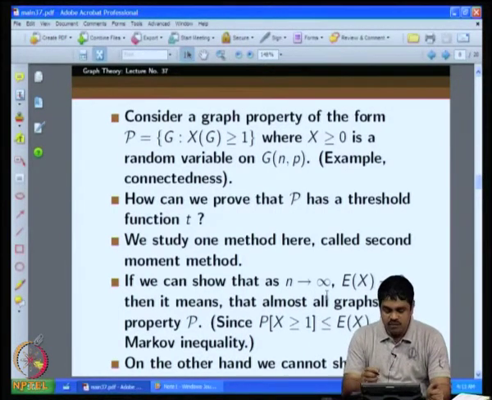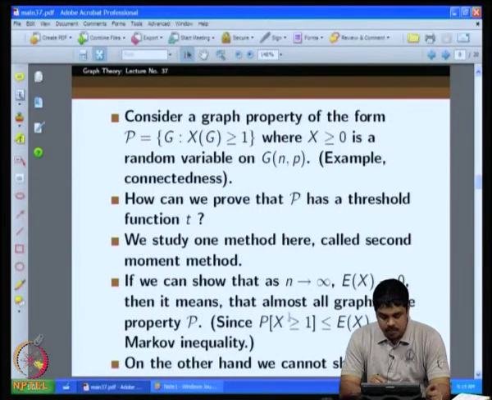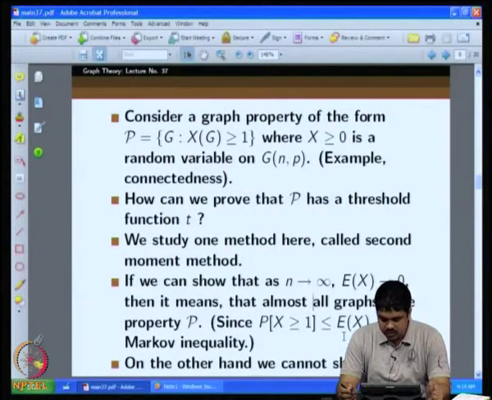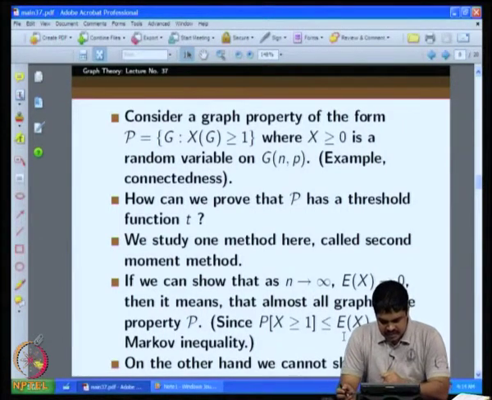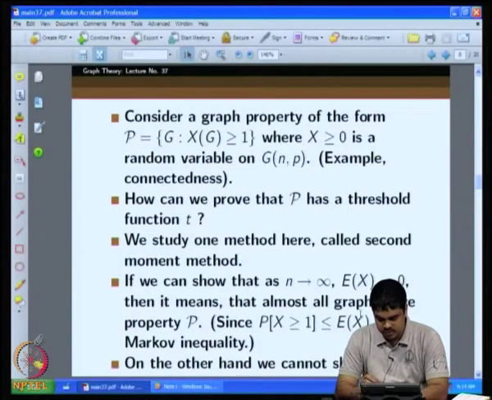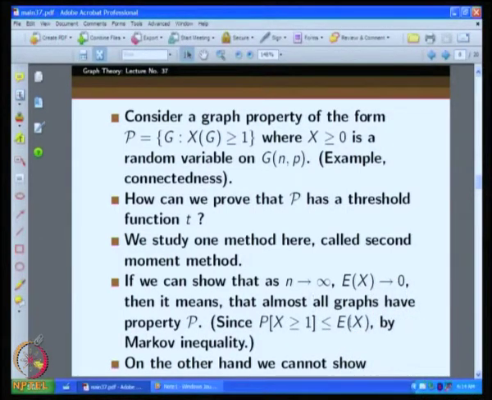That is because of the Markov inequality, because the probability that X is greater than or equal to 1 is less than or equal to the expectation of X by 1, by Markov inequality, as we have seen. So this will immediately tell us that if E of X is tending to 0, then the probability that X is greater than or equal to 1 will also tend to 0, because this is even less than that as n tends to infinity.